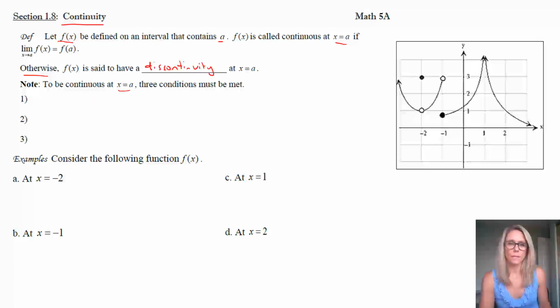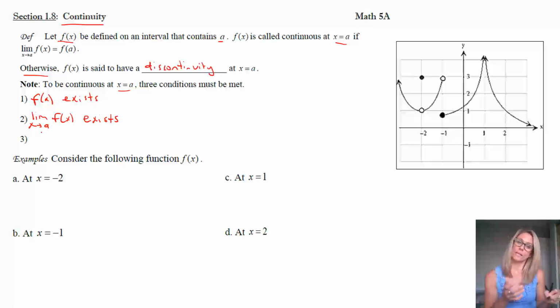So in order to be continuous at a, what this definition tells us is that we have three conditions that need to be met. We need to have f of a. There needs to be an actual value to be continuous. So f of a exists. And we need the limit as x approaches a of f of x to also exist.